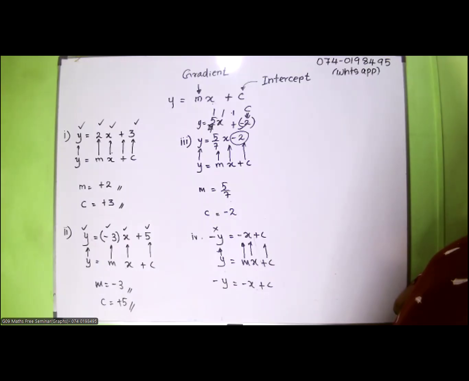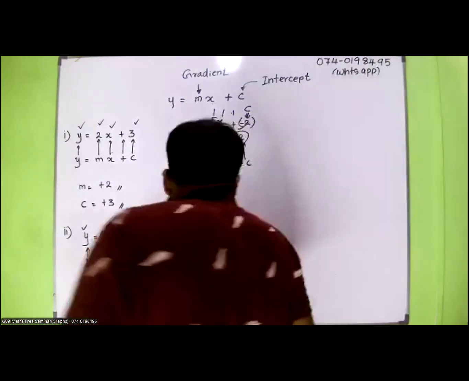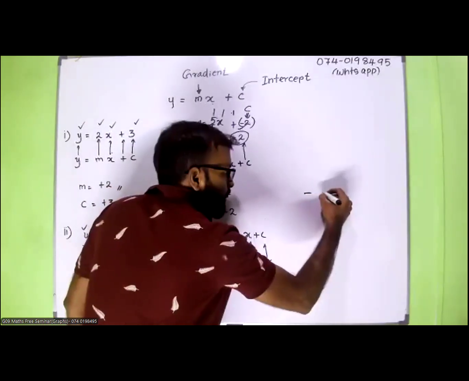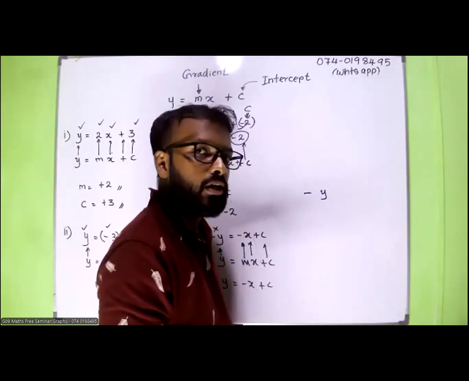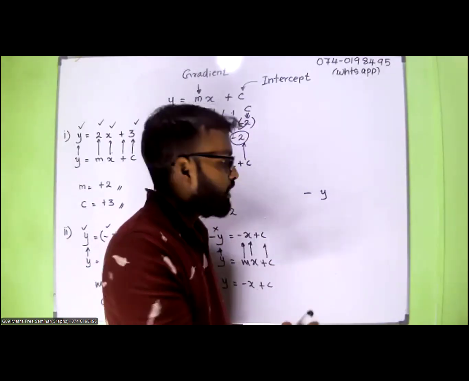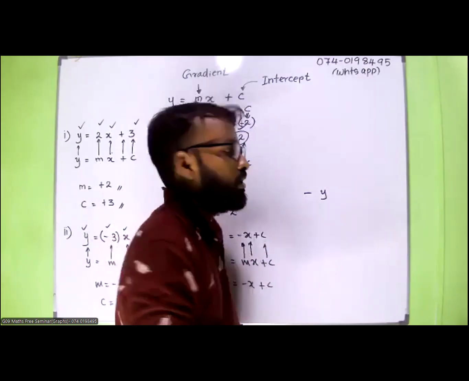Nilan, send me the answers. Yeah, super. Right, excellent. So here you have minus y. What is the coefficient of y? There is a hidden number here. That hidden number is 1.